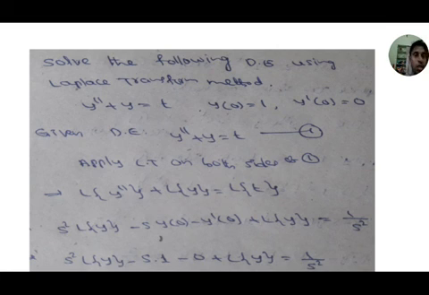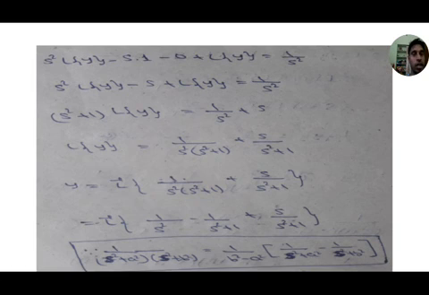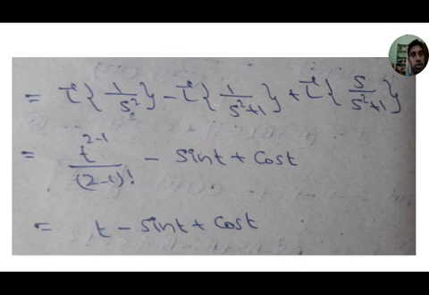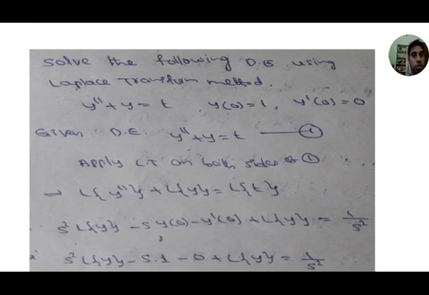After replacing them, simplify to get L of y in terms of s, and then y equals L inverse of the function in terms of s. We get the required general solution. Go through the problem. Next we will move to the next problem.